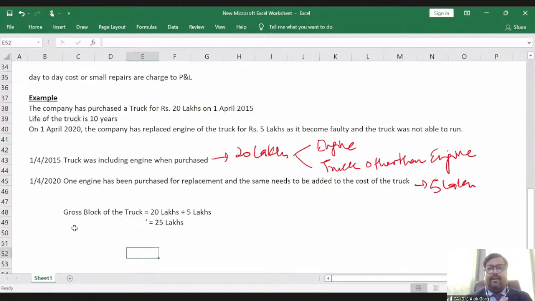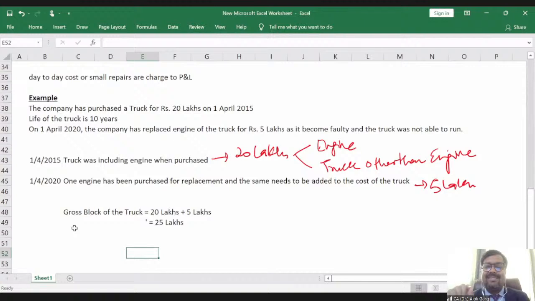Is it the right treatment? And if you see in this particular case, you will find that one truck will have 2 engines. Do you find this treatment proper? Guys, are you getting this? So there was one truck, but there are 2 engines.